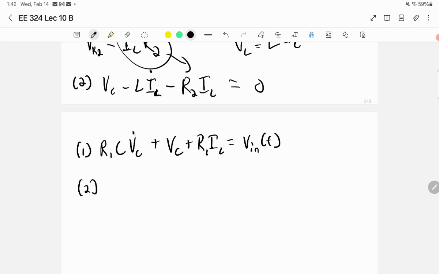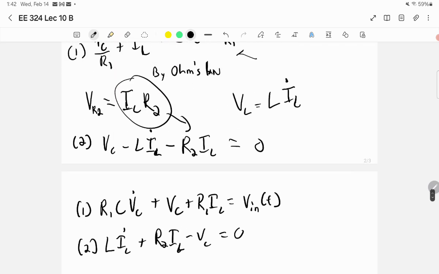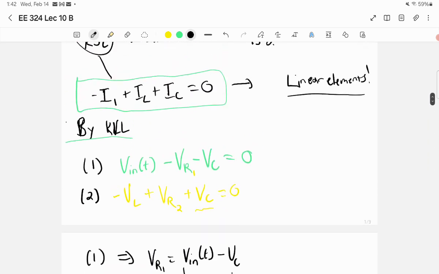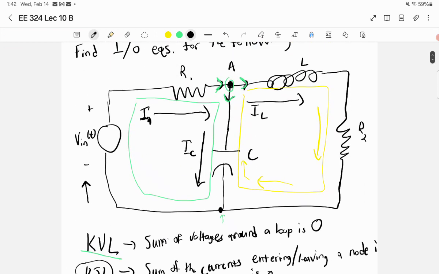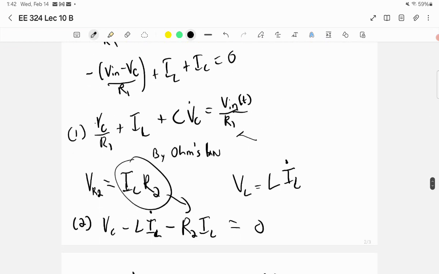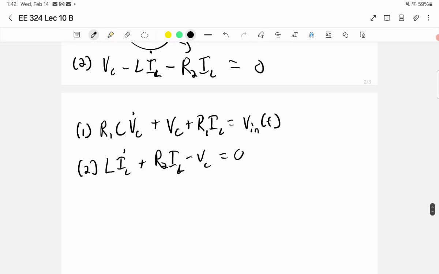And equation 2 is L IL dot plus R2 IL minus Vc is equal to 0. So now I have two. Notice that this is actually kind of convenient because I've covered both of the loops. I've covered all of that stuff, and I have two equations, and they're both first order differential equations, which makes this very easy for dealing with, say, input-output equations or things like that.